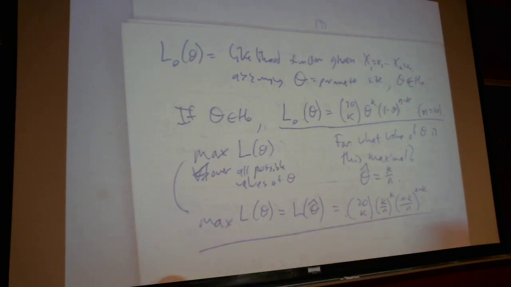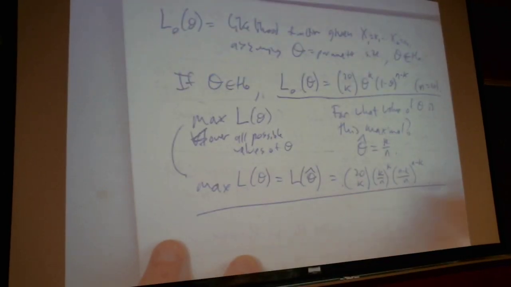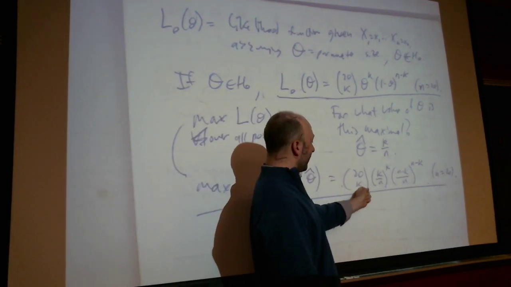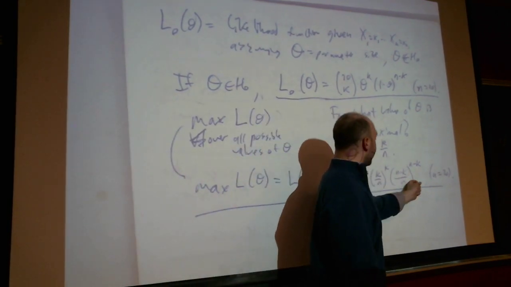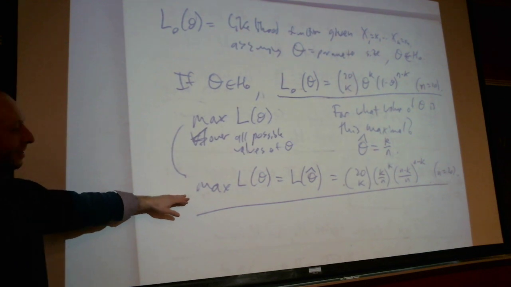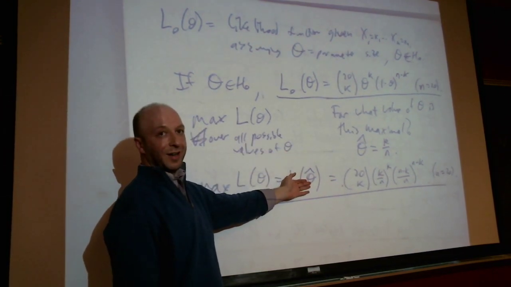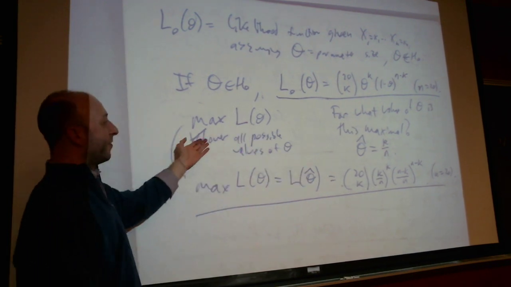I'm writing n instead of 20 almost everywhere, so that you see what it looks like in general. But I hope it's clear. So when you see an outcome of k, this is the likelihood at the maximal value of theta over all possible values of theta.